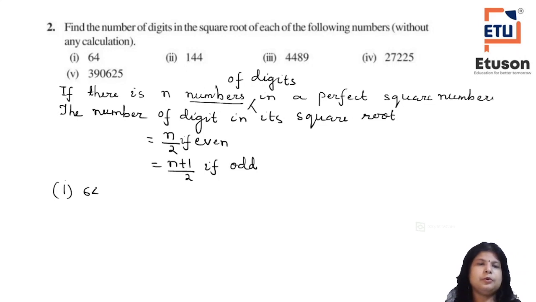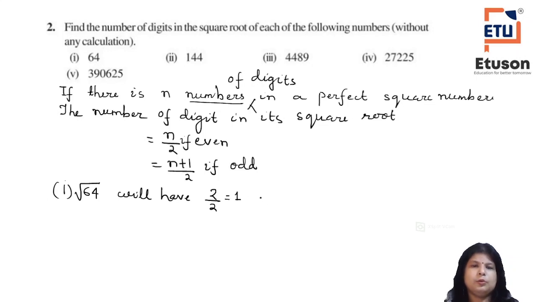Now, 64 has how many digits? 64 has 2 digits, which is even. So the square root of 64 will have 2 by 2, that is one digit in its square root. Correct?